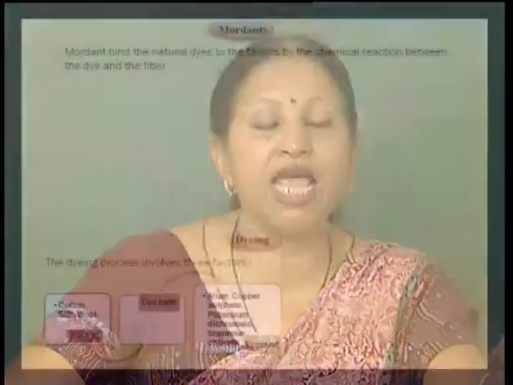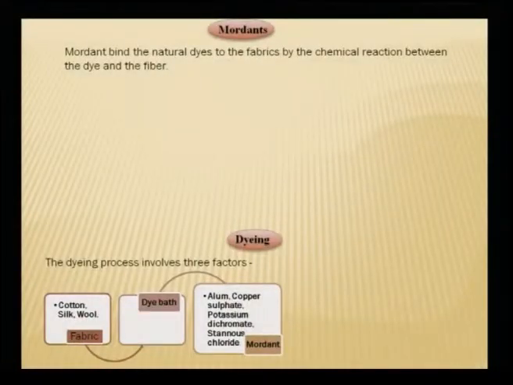Now, once we have understood about the dye, we also know that natural dyes need mordanting because they are not direct dyes. The mordant binds the natural dye to the fabric by a chemical reaction between the dye and the fiber. As I told you, here is a dye, here is a fiber, and the mordant acts as a bridging agent.